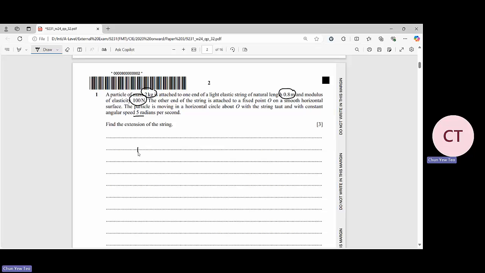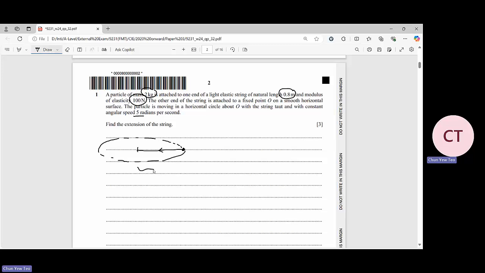So the diagram should be a horizontal circular motion, something like that. Okay, it's moving in the horizontal circular motion. So you have the radius over here. This R is actually the natural length plus some extension.